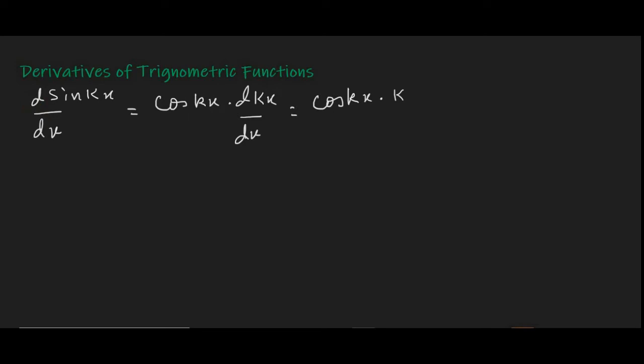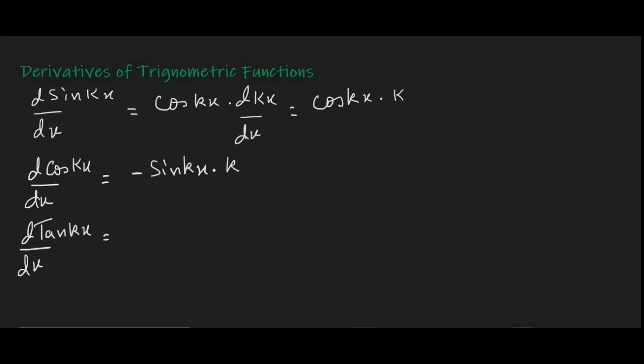The second function is d by dx of cos kx, which I'm going to write now directly, minus sine kx into k. Similarly for tangent, d by dx of tangent kx is equal to secant square kx into k.